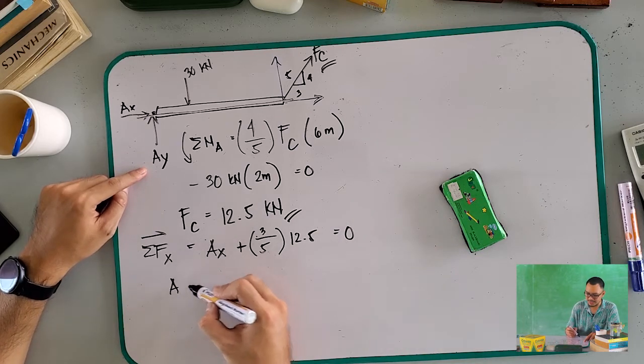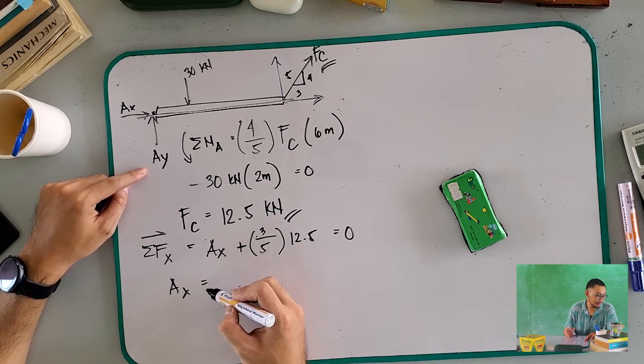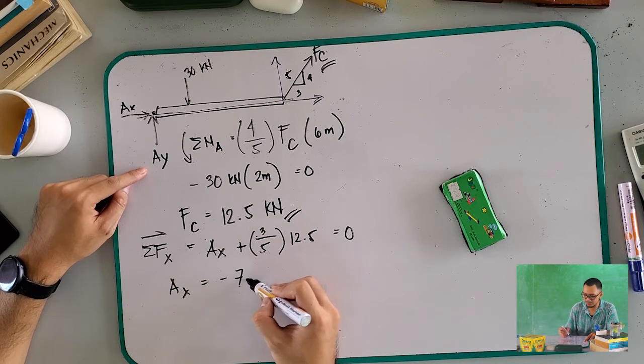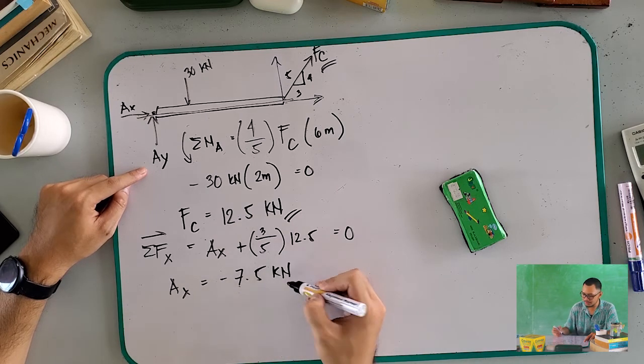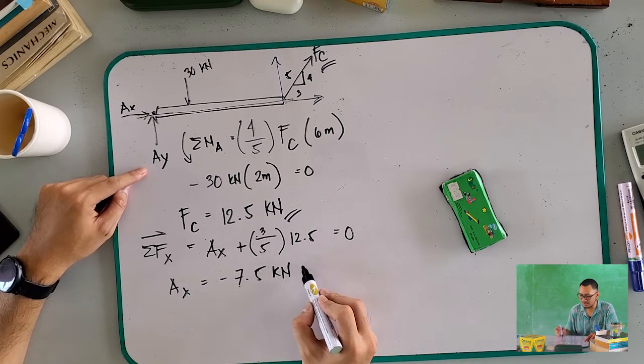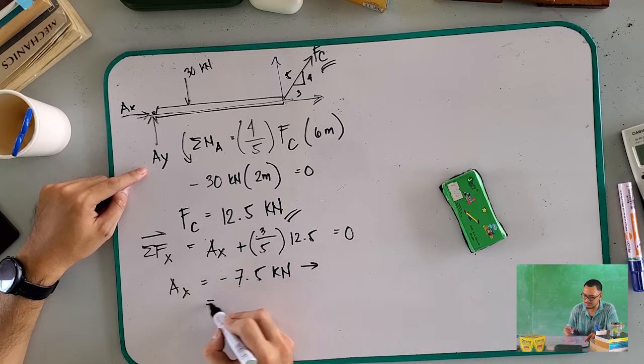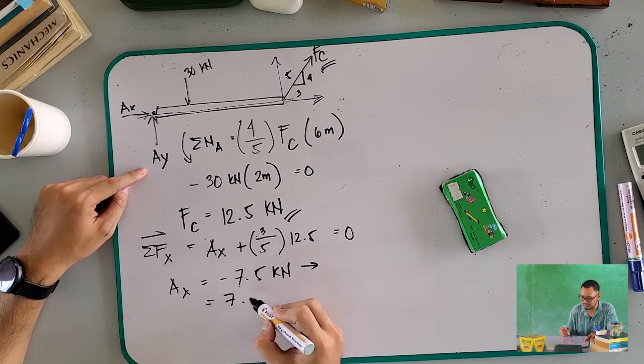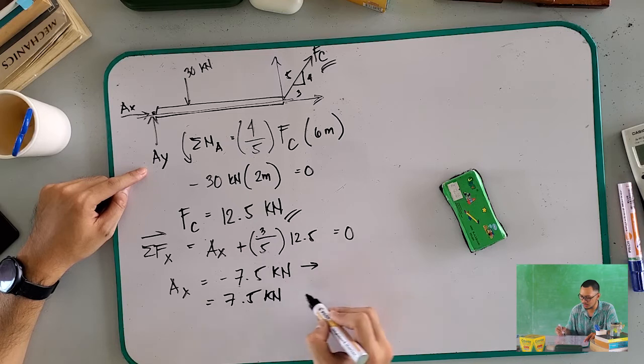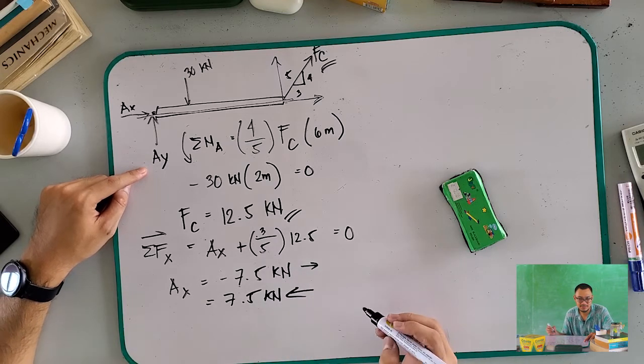So our answer for AX is negative 7.5 kilonewtons because it's going that way, but the correct assumption should be 7.5 kilonewtons going to the left.